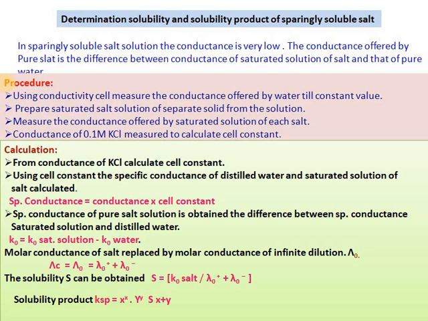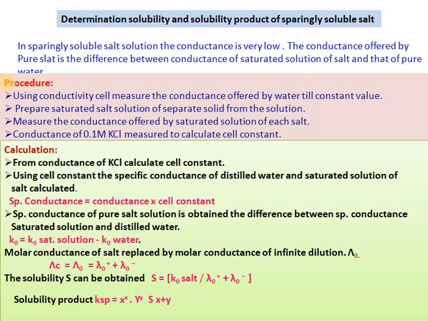We measure separately the specific conductance of pure water and of the saturated solution, which we can find from the formula, conductance times cell constant. From this difference, κ of the salt is equal to κ of the saturated solution minus κ of water.